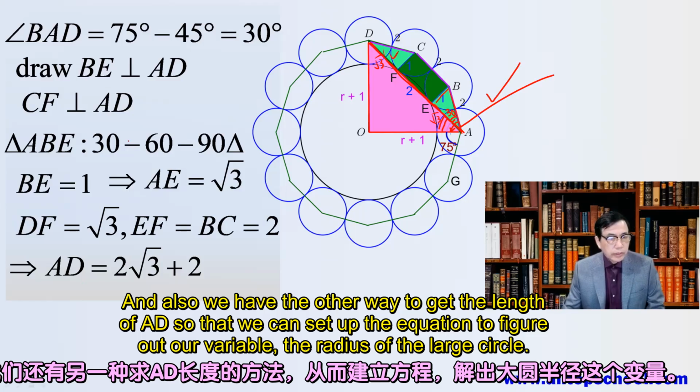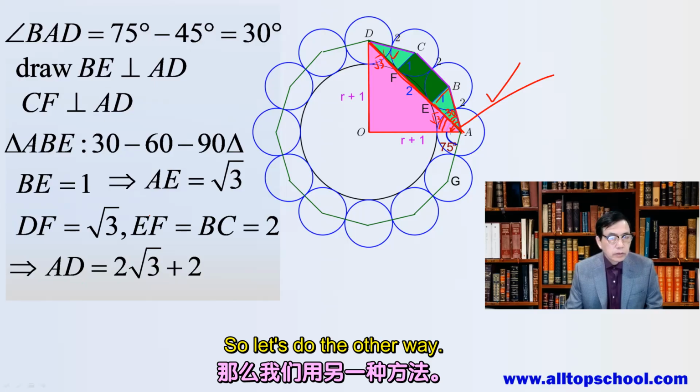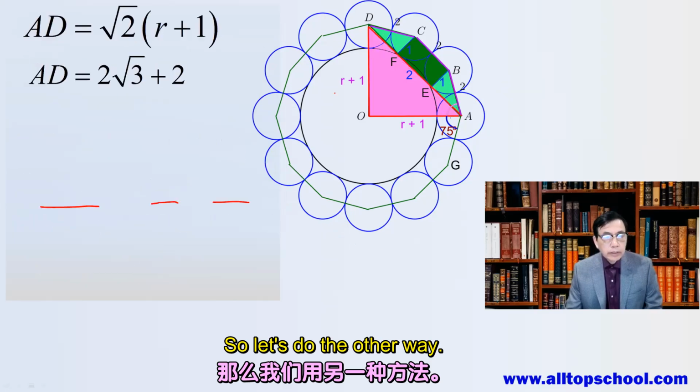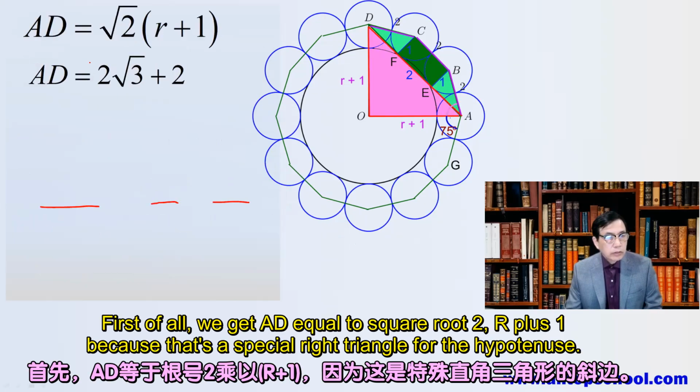And we also have another way to get the length of AD, so that we can set up the equation to figure out our variable, the radius of the large circle, r. So let's do the other way. First of all, AD equals square root of 2 times (r plus 1) because that's a special right triangle hypotenuse.